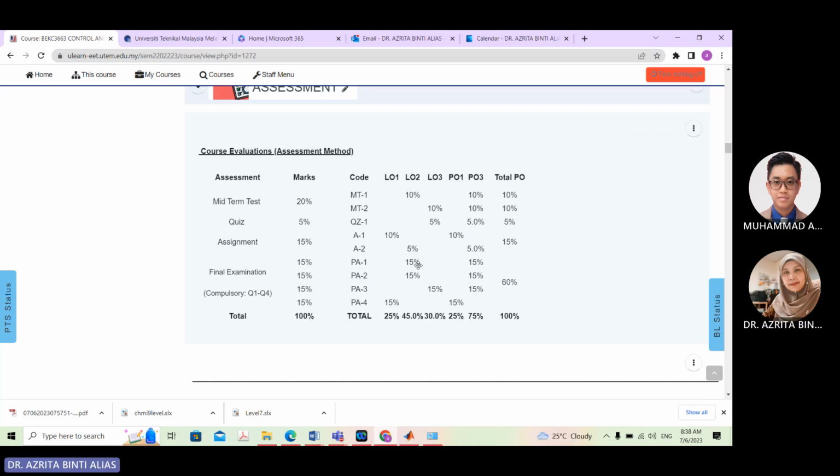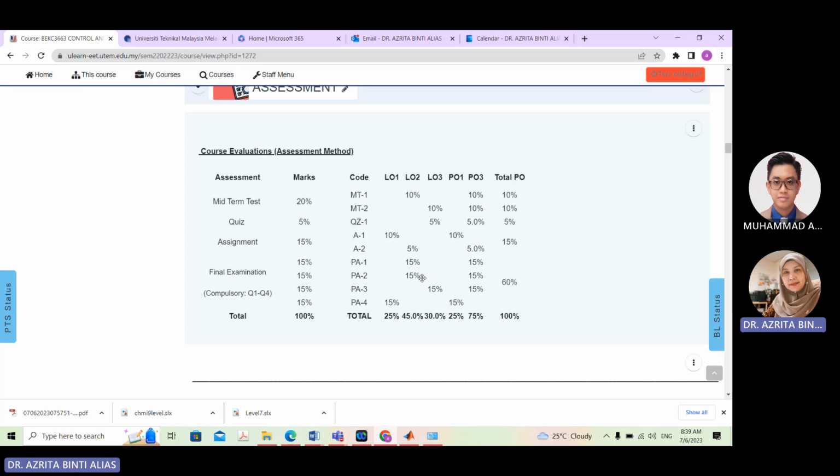Okay. And then you also have 2 questions in your final exam. The first question is about the design using the root locus method, which is either lag, lead, or lag-lead.